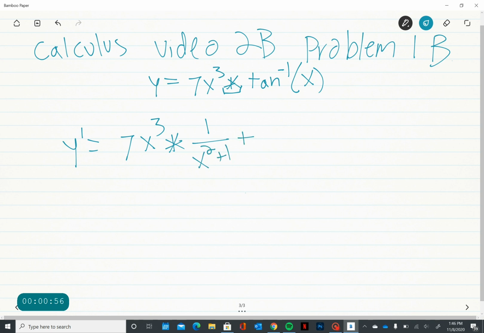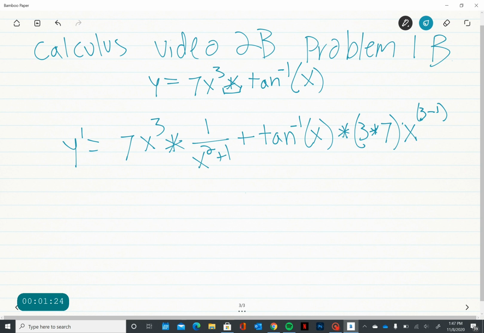And then we do plus the second times the derivative of the first, which we would take the 3 and pull it out front. So it would be 3 times 7 in parentheses x to the 3 minus 1.